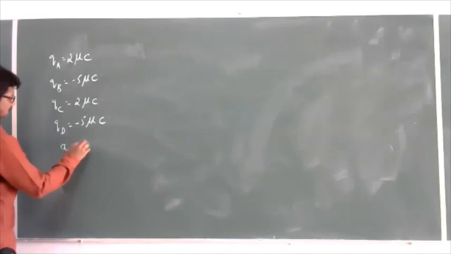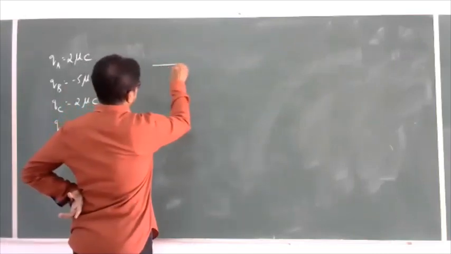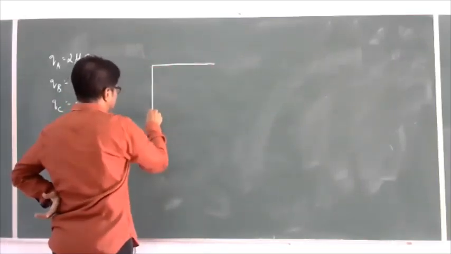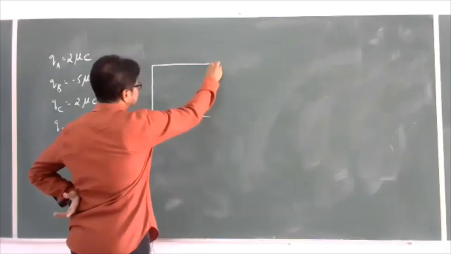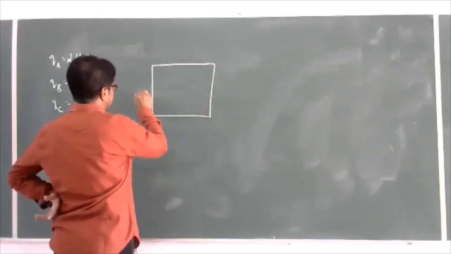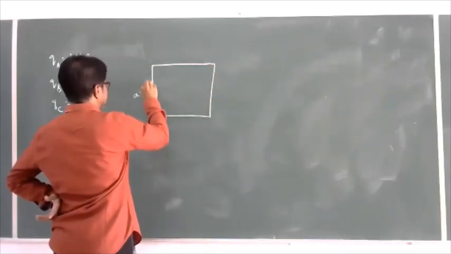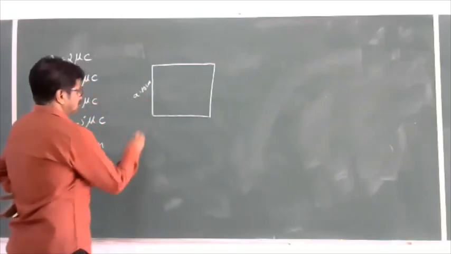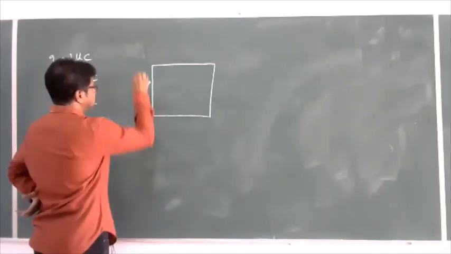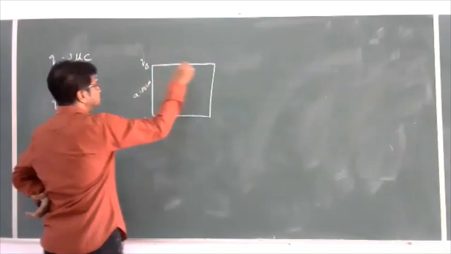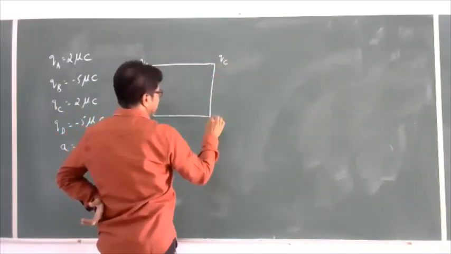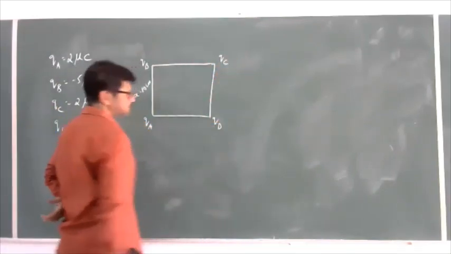This is the problem. A square of side 10 centimeter is given. Now we are considering a square of side 10 centimeter. This is QA, QB, QC, QD.